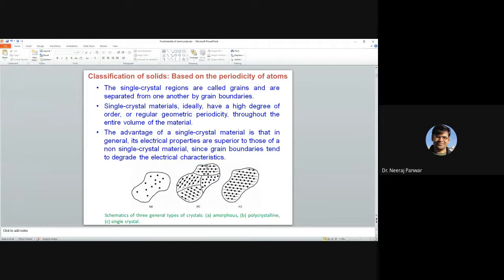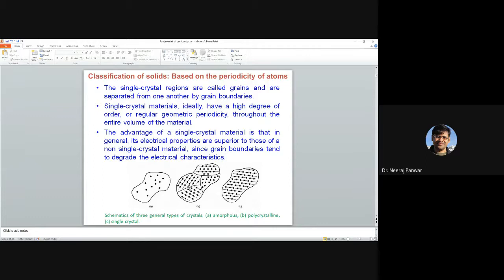As the name implies, poly means many and crystalline means crystal. So polycrystalline materials are composed of many single crystals, many regions of single crystals. You can see these lines dividing the regions of different arrangement or different orientation of atoms.